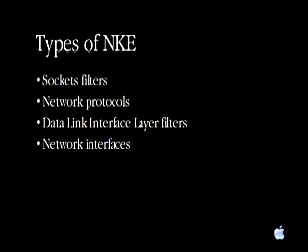Data link interface layer filters. There are different types of filters here for more lower level filtering. And also network interfaces. If you add a new family, a new type of interface, you might have to have some NKE to describe that and let the protocol and DLIL know about your new family. So we'll go into those.